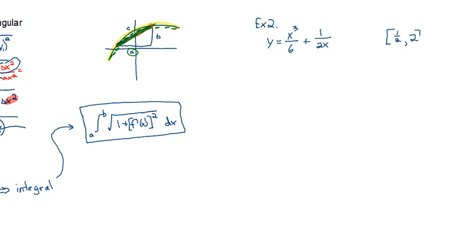So how big is that curve? First thing we do is find the derivative, y prime, because the derivative goes inside our integral. So y prime equals, let's see, x to the third, the 3 multiplies down, so that is going to become 1/2 with the 6, x squared, plus, you want to think of that as 1/2 x to the negative 1, so I suppose that won't be plus, will it?